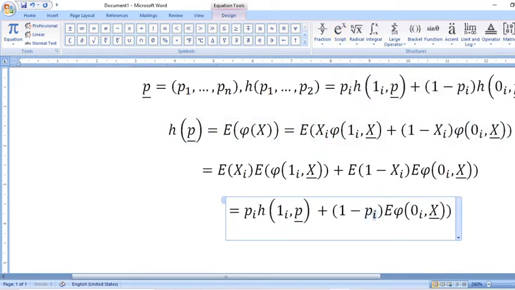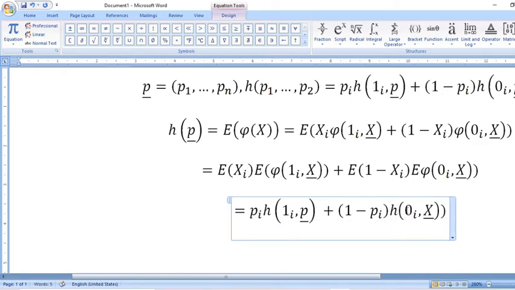So this is 1 minus pi into h of 0i comma p.